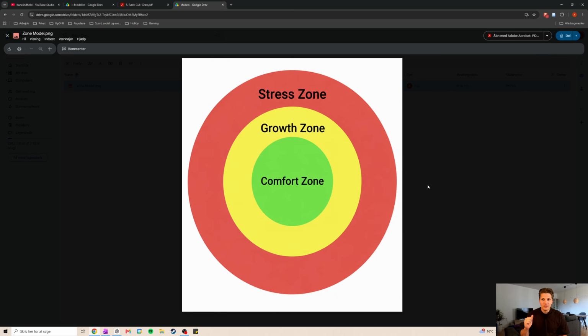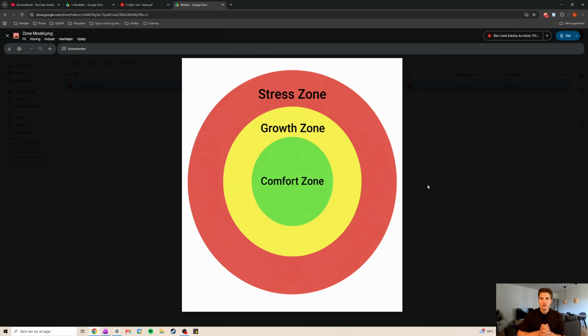And in this model specifically, it's a little bit different, because in this model, the green zone is actually a place where you don't want to be too much. And the yellow zone is the place that you want to strive to be within. So the colors here mean something different than what you normally interpret these colors as in a traffic light.